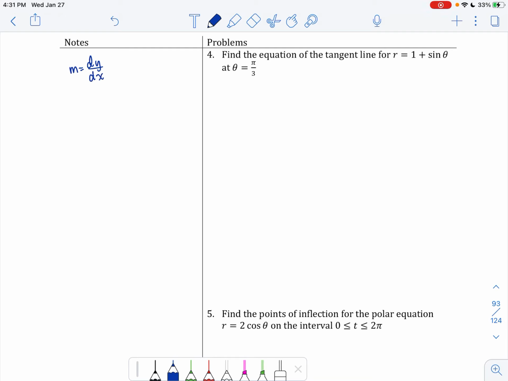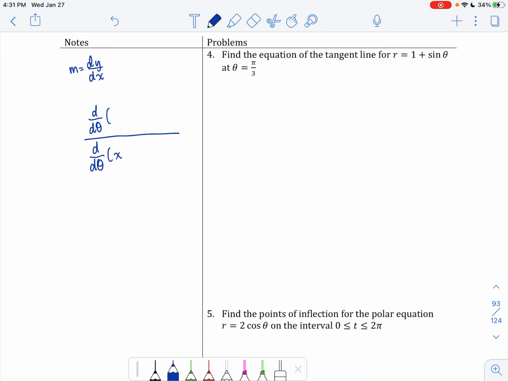So we're going to want to convert those in terms of the vocabulary of r and theta. So if you remember, instead of dy, we'd say it's the derivative of y in terms of theta over the derivative of x in terms of theta.